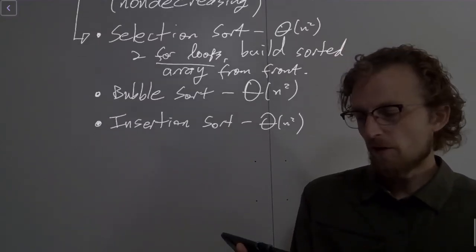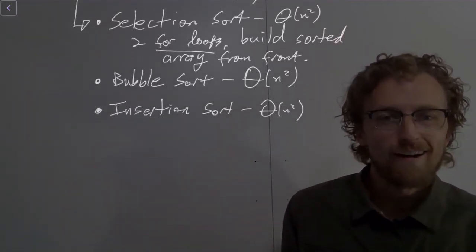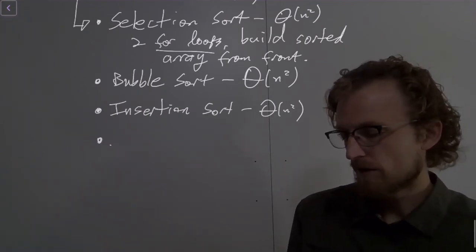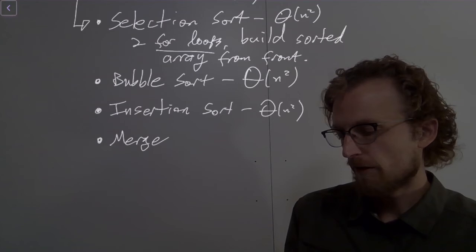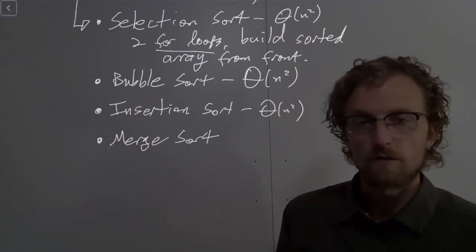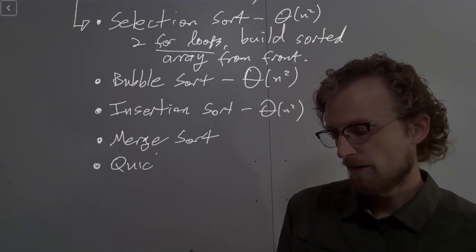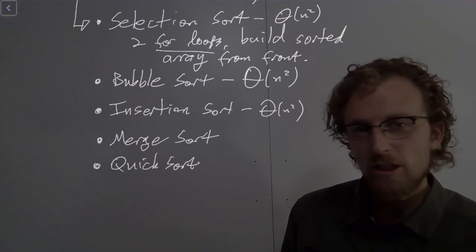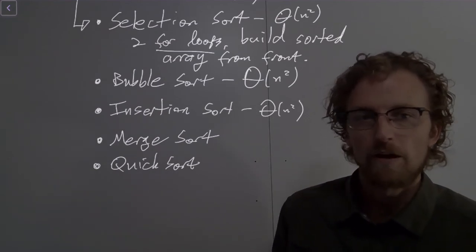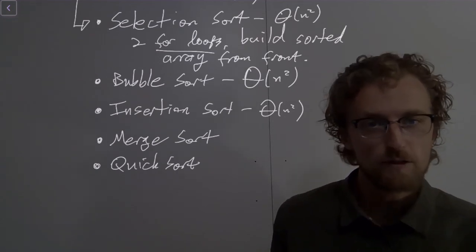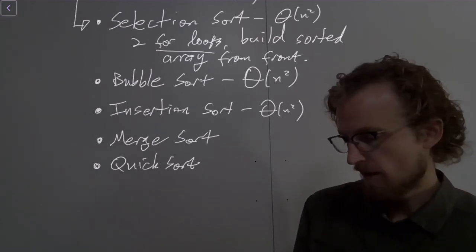And then there are all these other more sophisticated, more interesting sorting algorithms that we'll run into in the course. We'll talk about merge sort. Merge sort is faster than n-squared. We'll talk about quick sort. Quick sort has a worst case n-squared running time, but by being clever with how we run the algorithm, we can actually make it faster than n-squared in most cases.